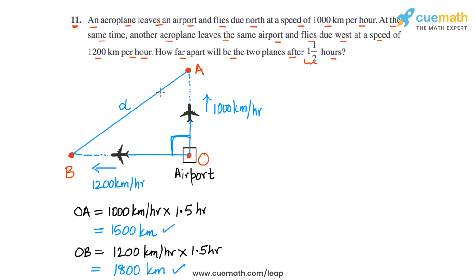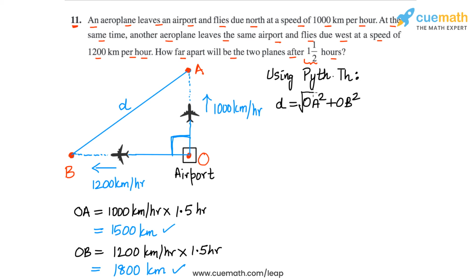And now we have to find the distance between the two planes. So we apply the Pythagoras theorem to triangle AOB, because triangle AOB is right angled. So D, the distance between the two planes, will simply be equal to the root of OA square plus OB square.